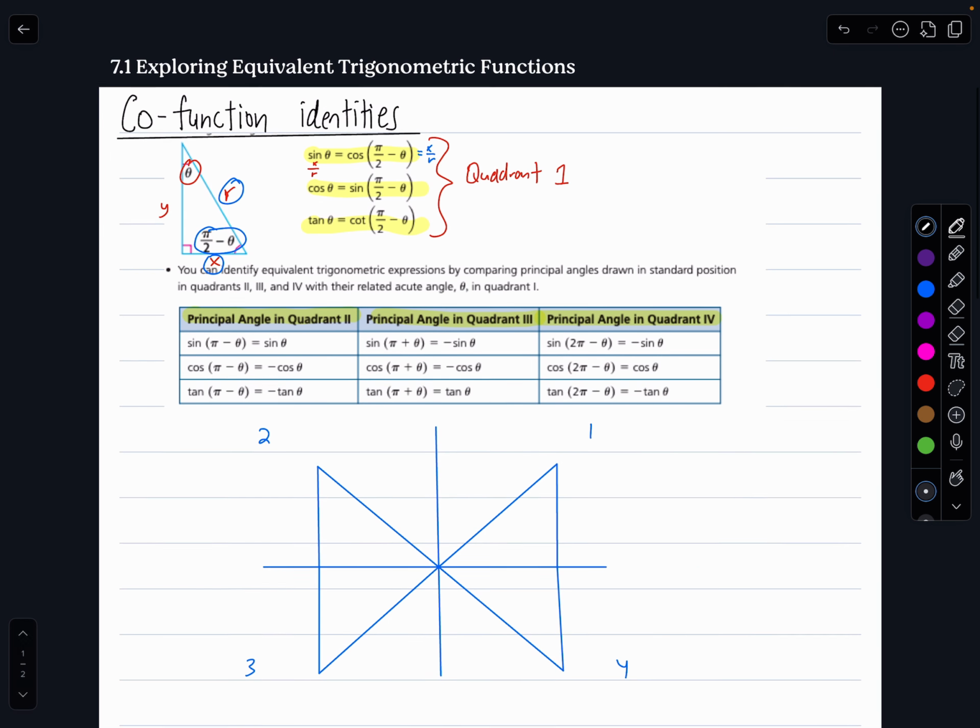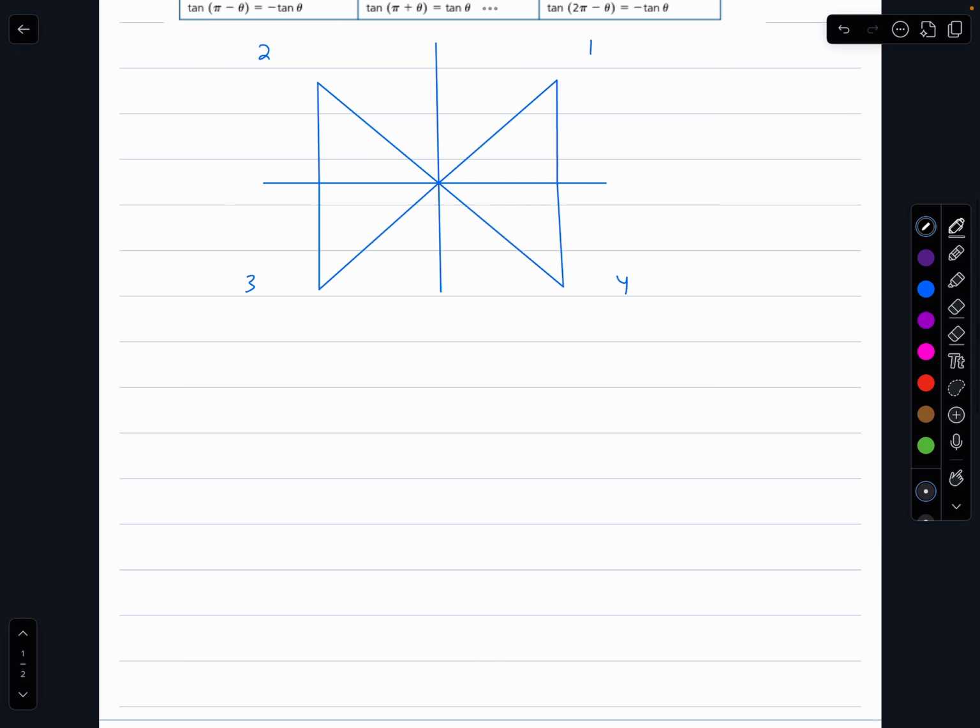So let's look at a type of question to kind of bring this to light. So let's say we have sine 7 pi over 8. The first thing I want to do is find out what quadrant this is in. One way I could do that is look at this 7 pi over 8 and say this is 7 times 180 divided by 8.